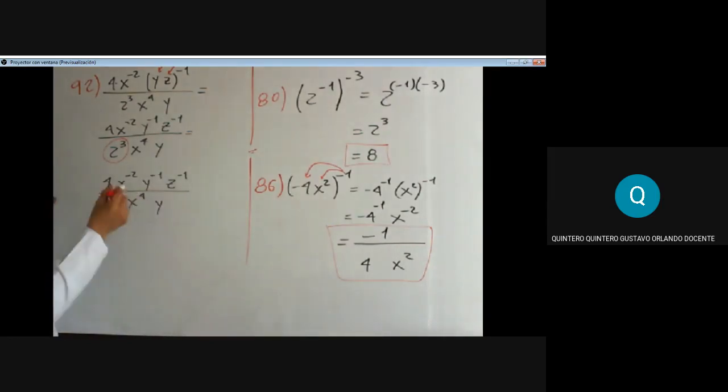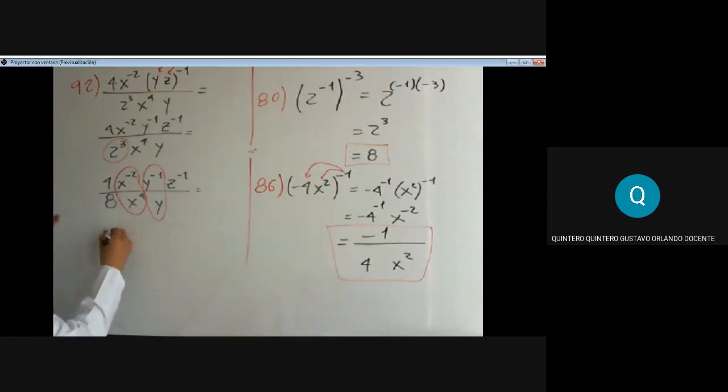Now from here, look at this. Just like in question 91, we have a couple of powers that can be done using the exponent laws, the properties. This x has a -2 and this x has a -4, but they are dividing. So we can leave the base and subtract the exponents.